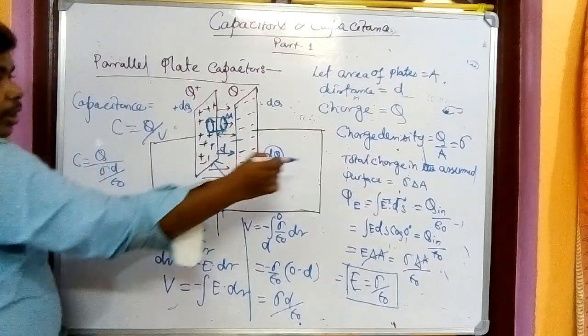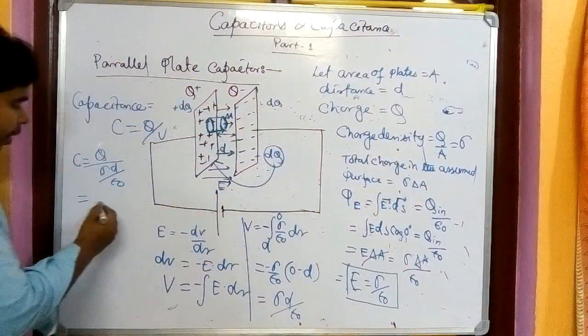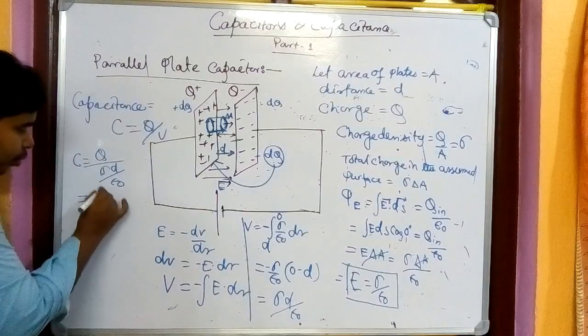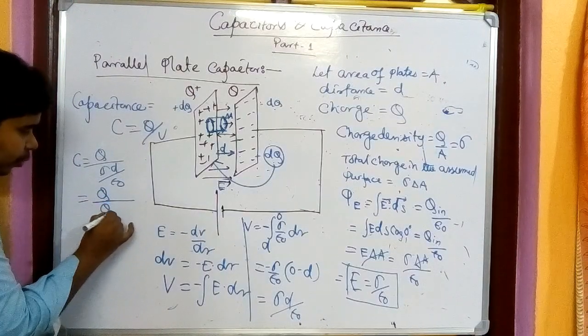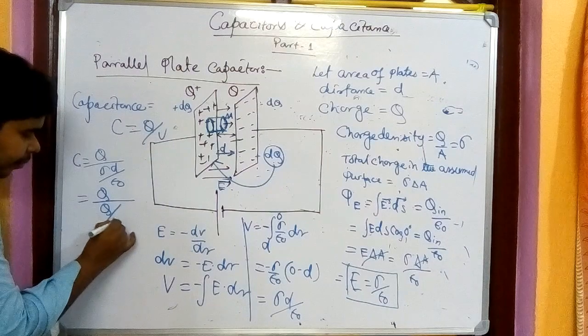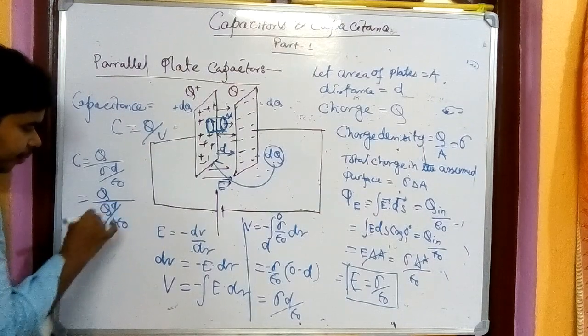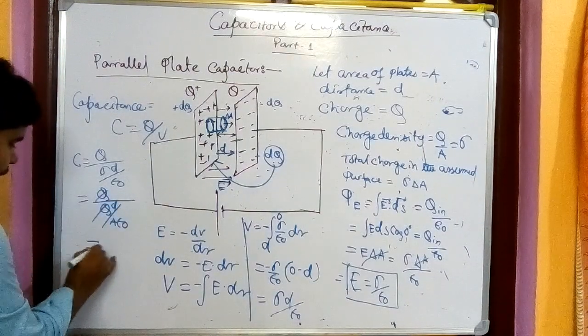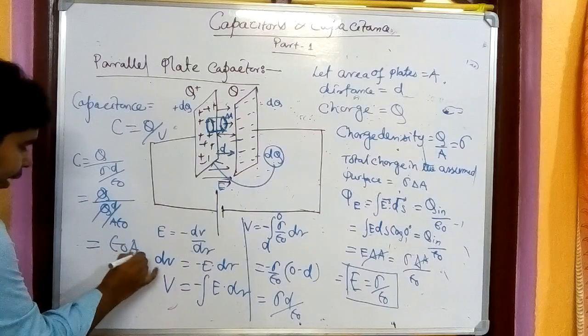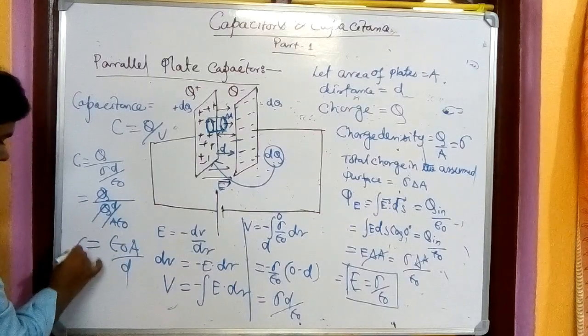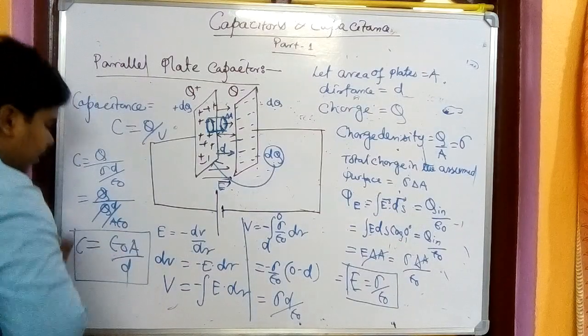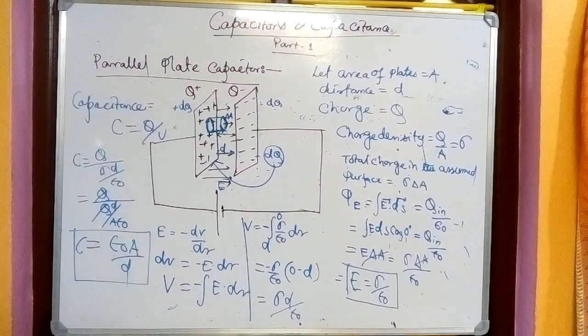Sigma equals what? We just learned, Q by A. So it is Q by A epsilon into D. So Q will cancel, and C equals epsilon A by D. That is the capacitance of a parallel plate capacitor.